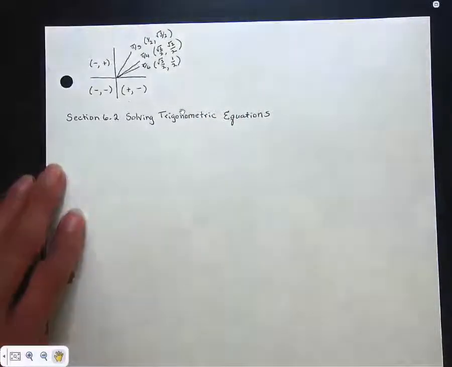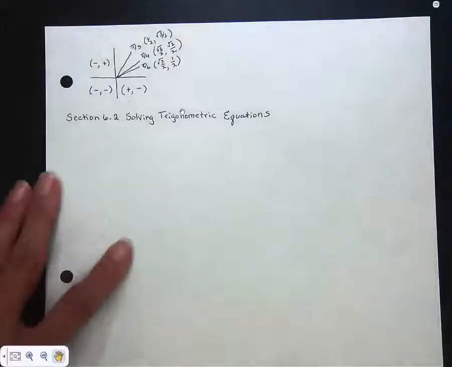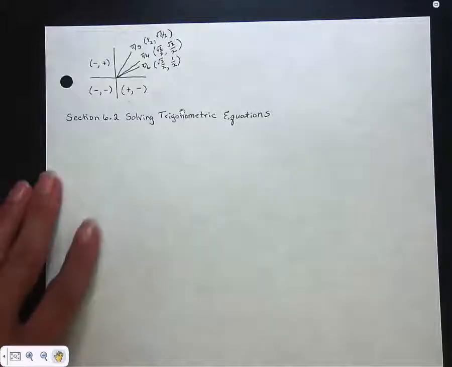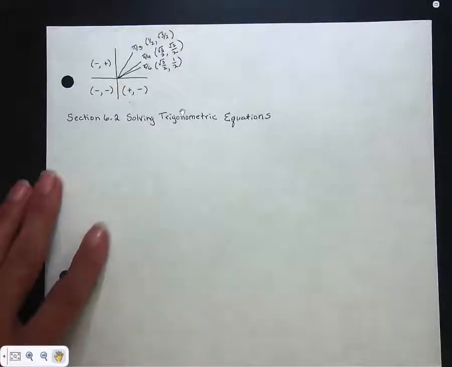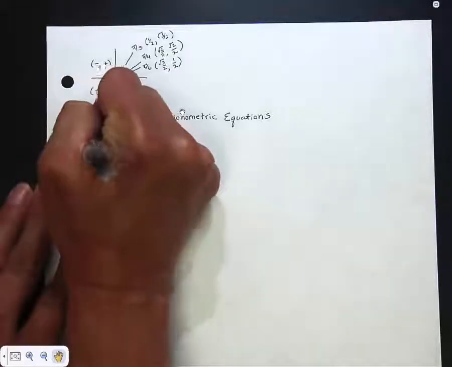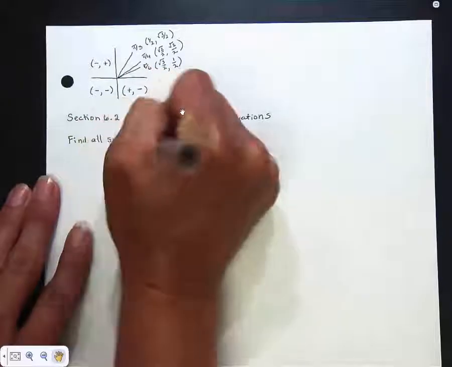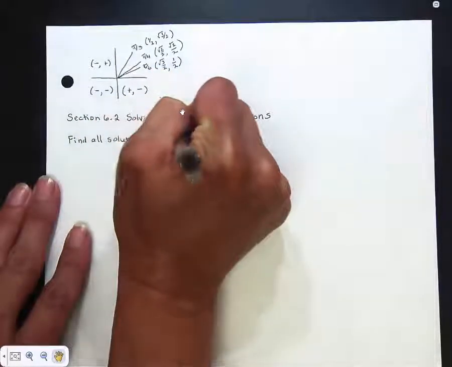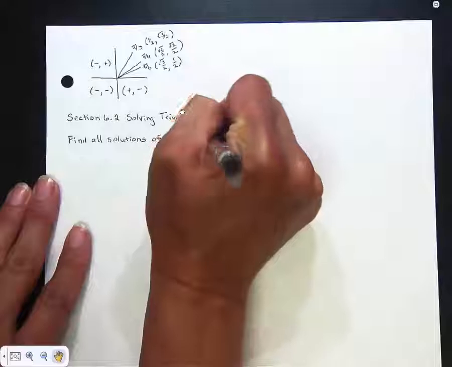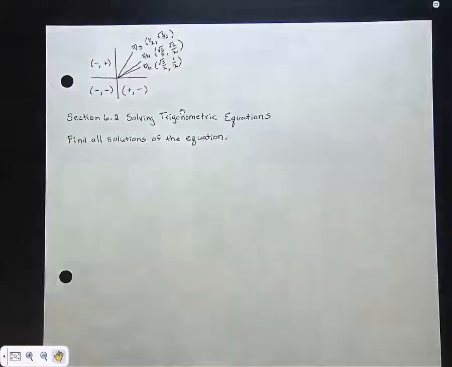And you need to pay attention to the directions when you're solving trigonometric equations. The first directions in this section say find all solutions of the equation. And that means in infinitely many revolutions of the unit circle.